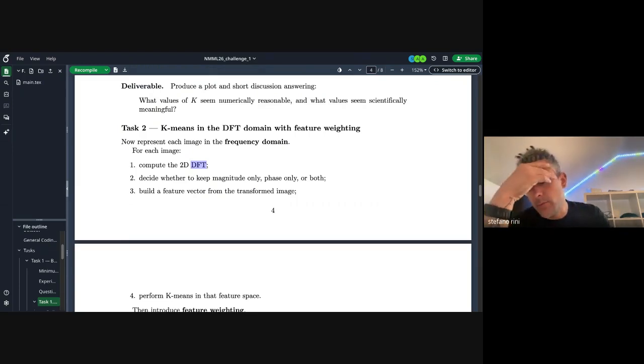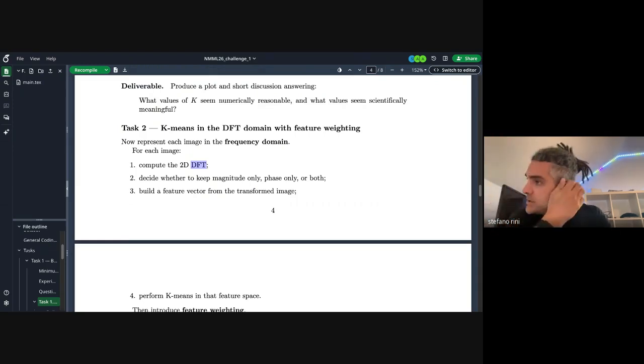This is an alternative way of representing the image, and it's a one-to-one correspondence. In engineering, you're going to study the DFT in 5 or 6 different courses, so no point in me spending too much time on this. Just remember that it's a transform domain, right?